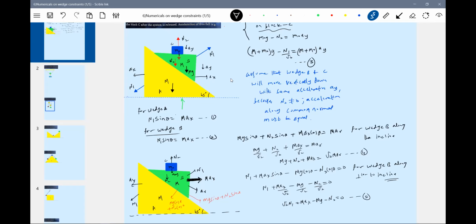Put 1 in 5. I'll scroll down and go for the next part of the problem.